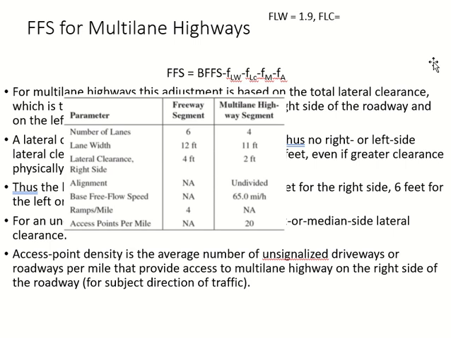Median, right? Which thing tells me about the median? Look at the data in the last column. Number of lanes. What does number of lanes have to do with the median? Then lateral clearance on the right hand side. Then access point. Undivided.